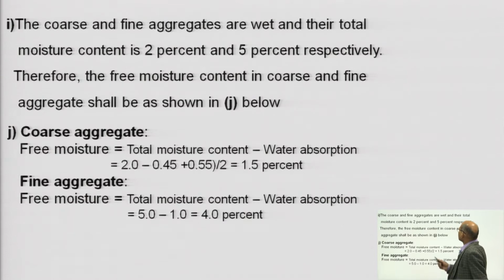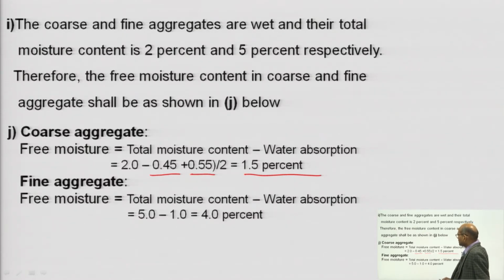Therefore, the free moisture content in coarse and fine aggregates shall be as shown below. We have calculated the value of free moisture content, which is total moisture content minus water absorption. So, 0.45 in coarse aggregate of size 20 mm downside and 0.55% in coarse aggregate of size 10 mm downside, so the average is 1.5%.